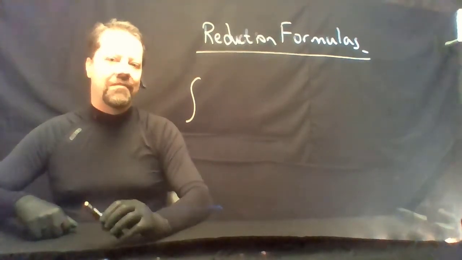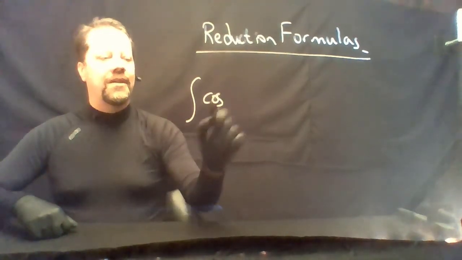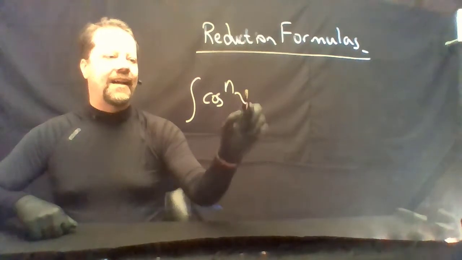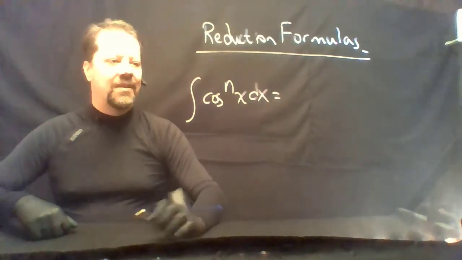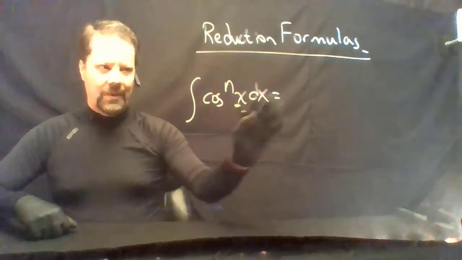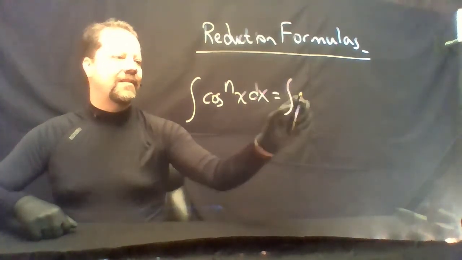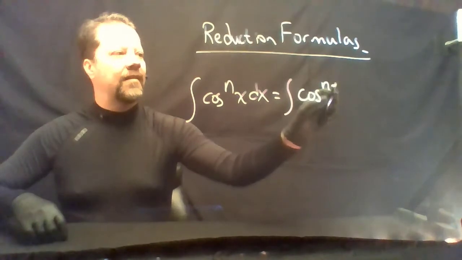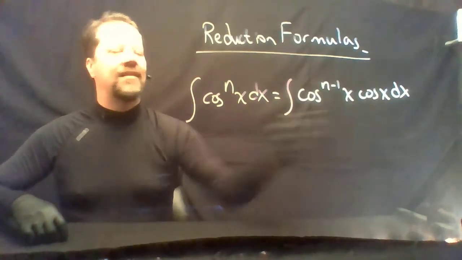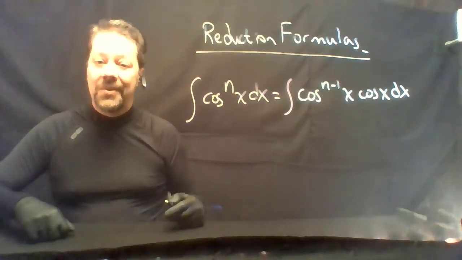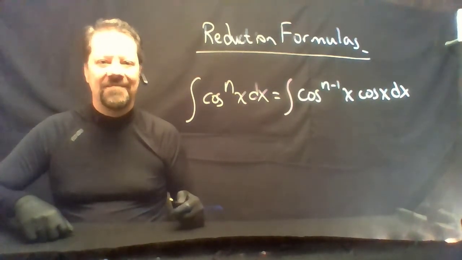Let's derive a reduction formula for cosine to the power of n x. Here's how this works. We're going to split off one of the cosines. And then we're going to use integration by parts.